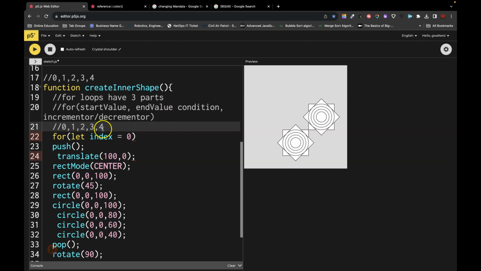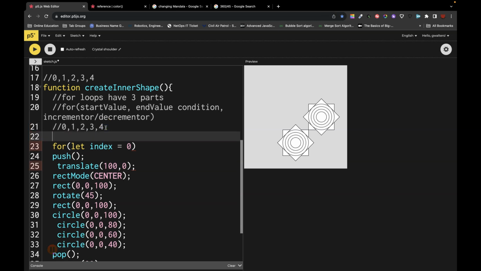Now, since we're going to be doing this 4 times, each element has a position. So each item inside of a list is called an element, and it has a position. So the first one that we create is going to be at position 0, second one is going to be at position 1, third one is going to be at position 2, so on and so forth. Okay, we have a couple built-in variables.